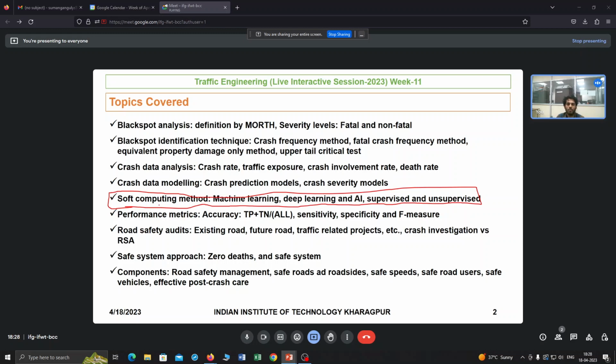The basic difference between the normal prediction models like Poisson and the machine learning models is that in the normal models we assume that we know the function, so we give x and get y through the function. In case of machine learning, the machine learns that function from the data. We are not saying this is the model we should use.